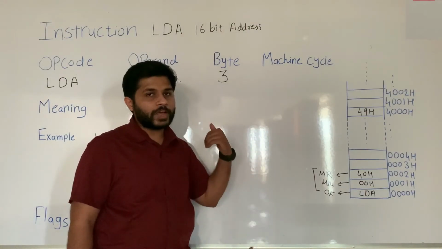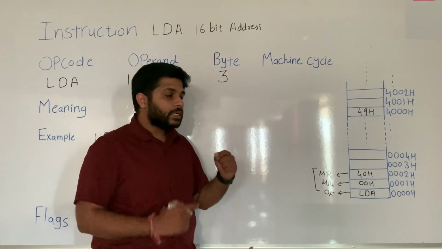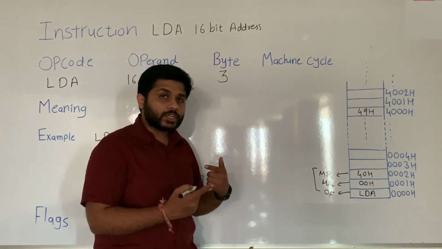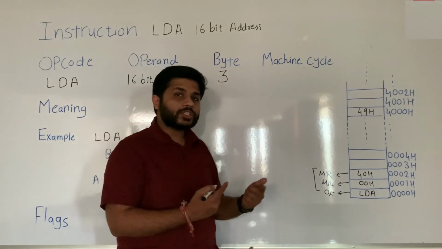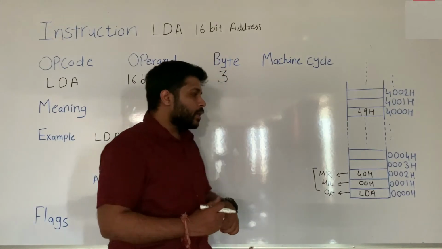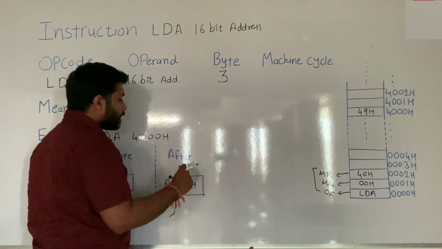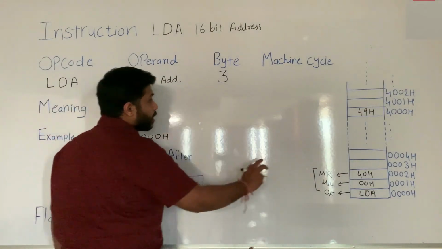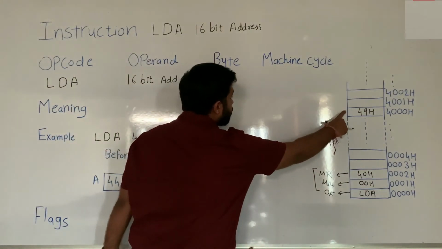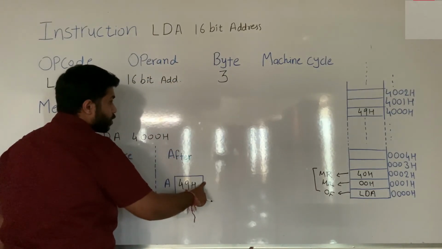So the instruction is fetched. Now the processor will decode the instruction, and after decoding, the processor will execute. What are the steps happening in the execution? When the processor executes this instruction, the data from 4000H will be transferred to the accumulator.